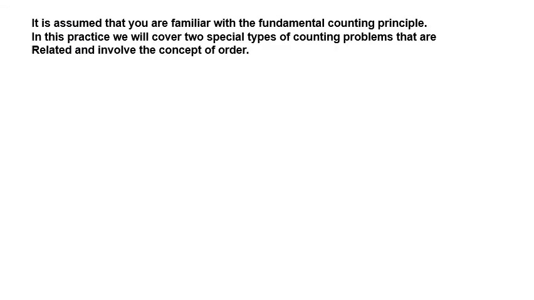It is assumed that you are familiar with the fundamental counting principle. That is, I've created a video on the fundamental counting principle. You should have watched that prior to watching this video. In this practice, we will cover two special types of counting problems that are related and involve the concept of order.